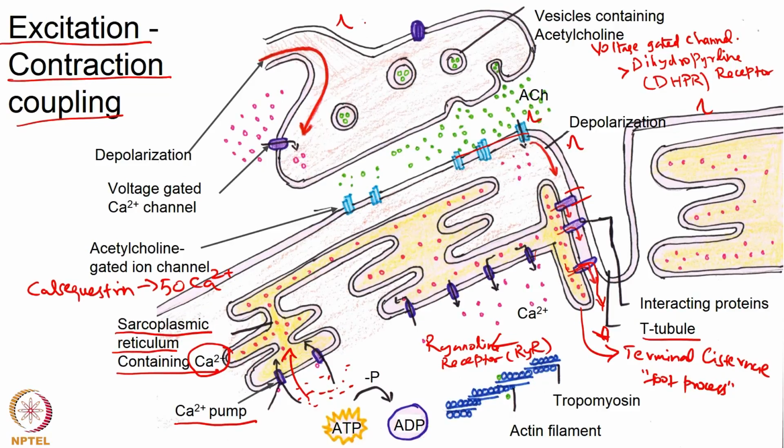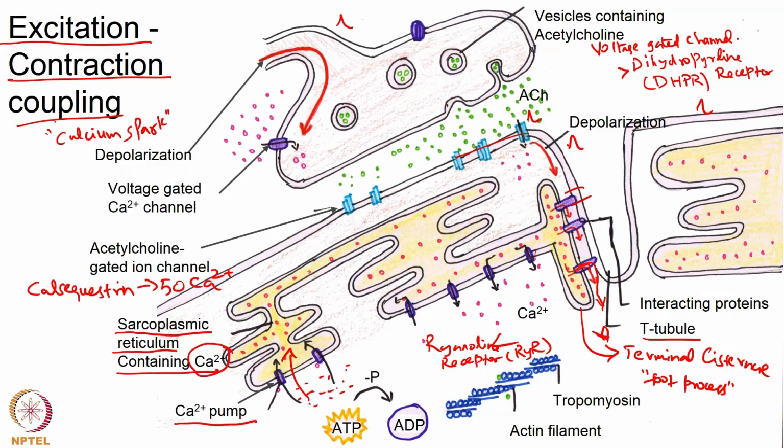When it reaches the T tubule, there are specialized channels called dihydropyridine receptor channels, which are depolarization sensitive, voltage gated, and when they open, they also open neighboring ryanodine receptors. These ryanodine receptors cause a great outflux of calcium, leading to a situation called a calcium spark. The amount of calcium released is so great that it is called a calcium spark.